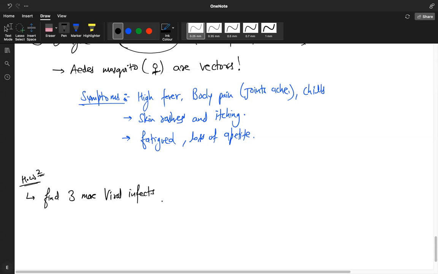Okay, don't find the rare ones, find the common ones and their causative agent, and if they have a vector, then also the vector, causative agent, vector, and symptoms. Okay. Noted, everyone? Yes, sir.